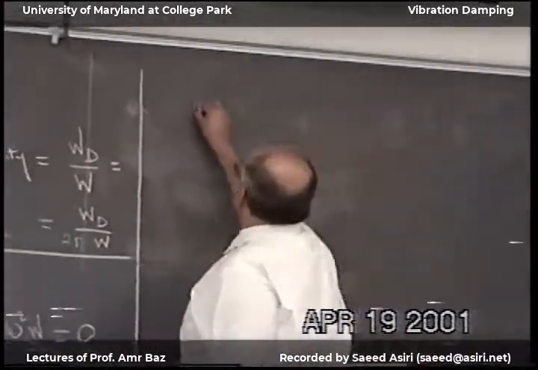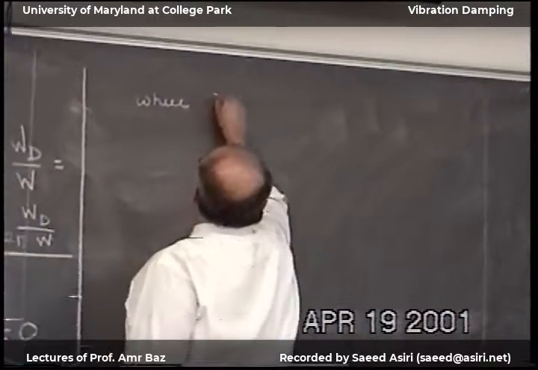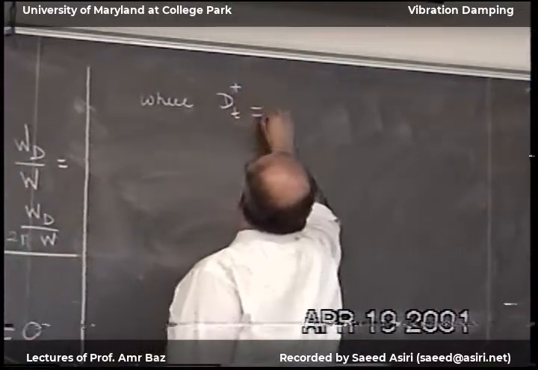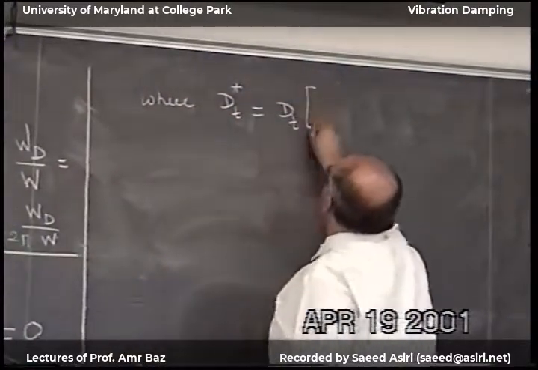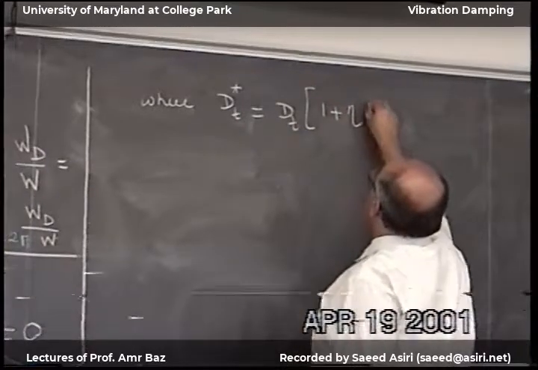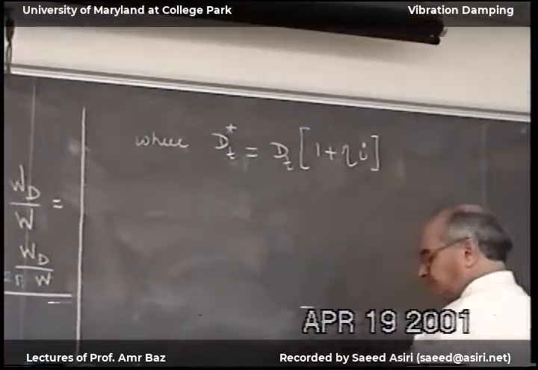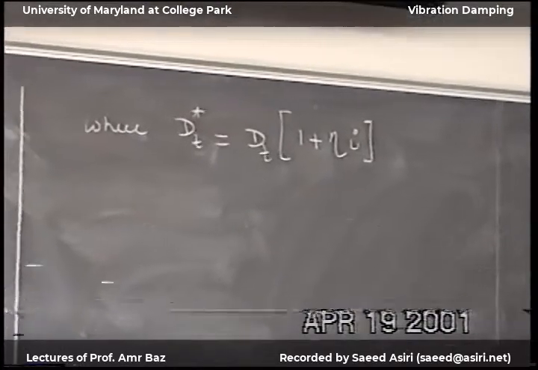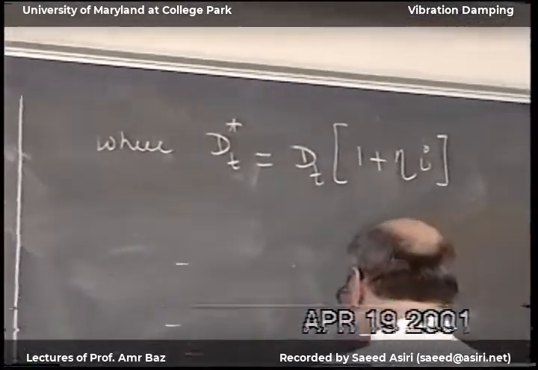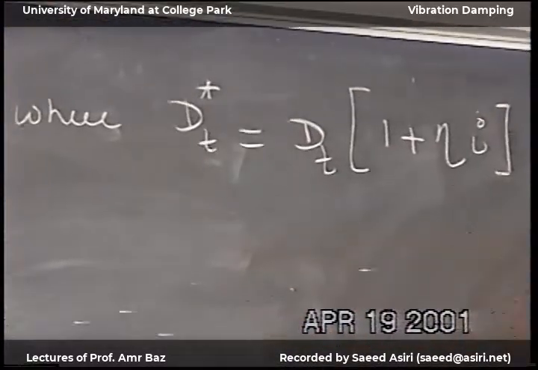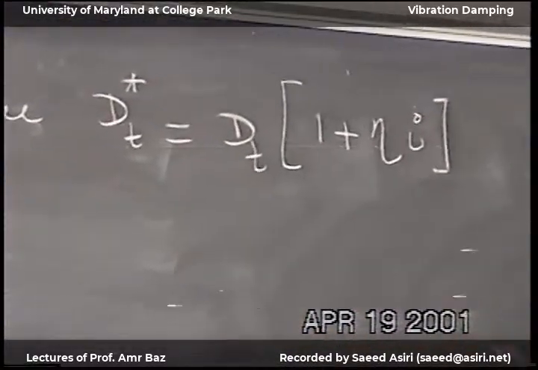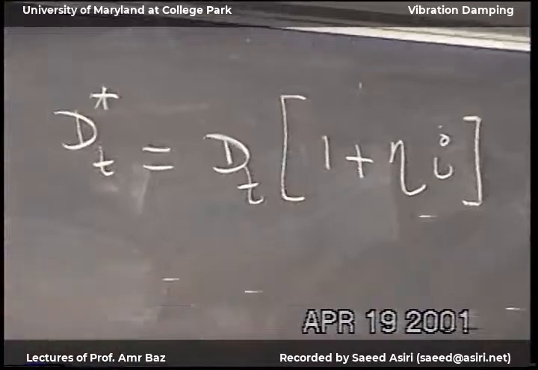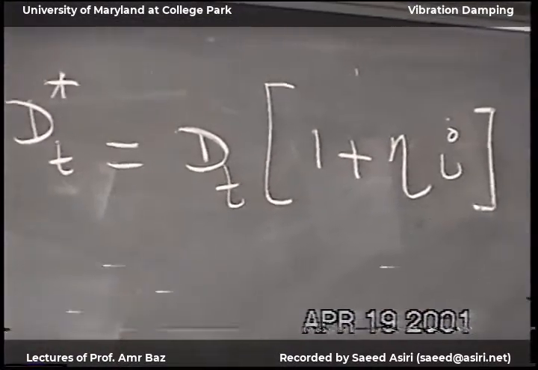We said where D, I can write it down as D_t times 1 plus, and this comes from, in conventional cases, this is equal to EI.